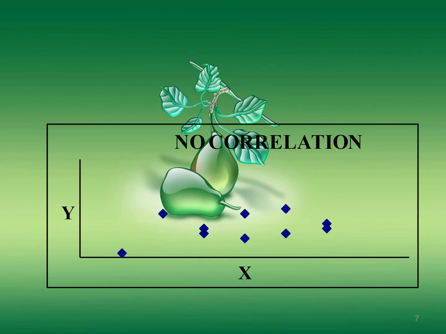If the variables do not show any kind of trend, then it is called no correlation between the two variables, and you can see that the points are scattered all over the graph.